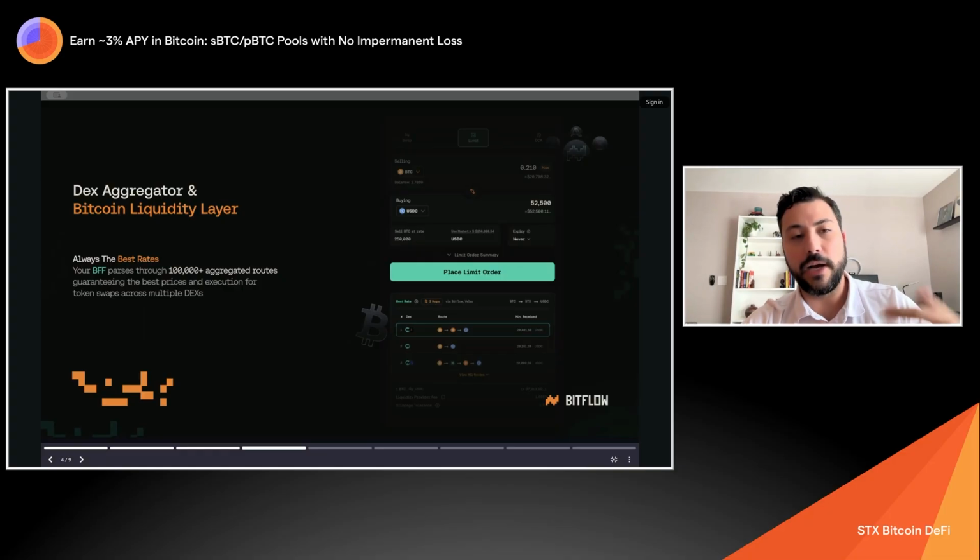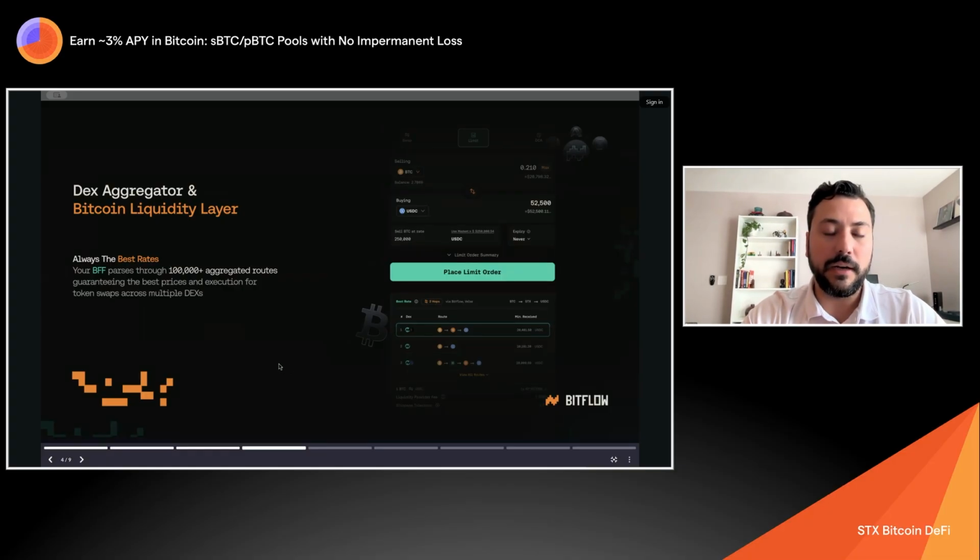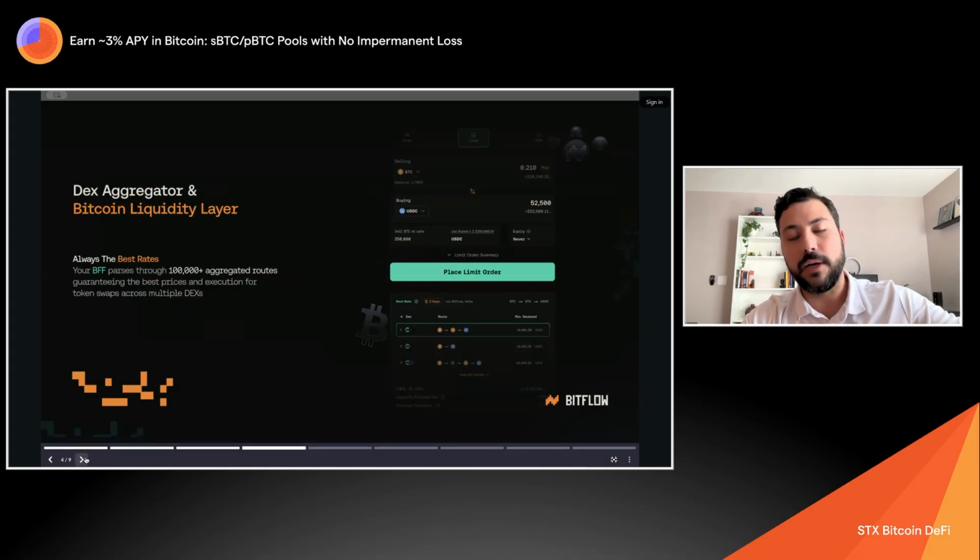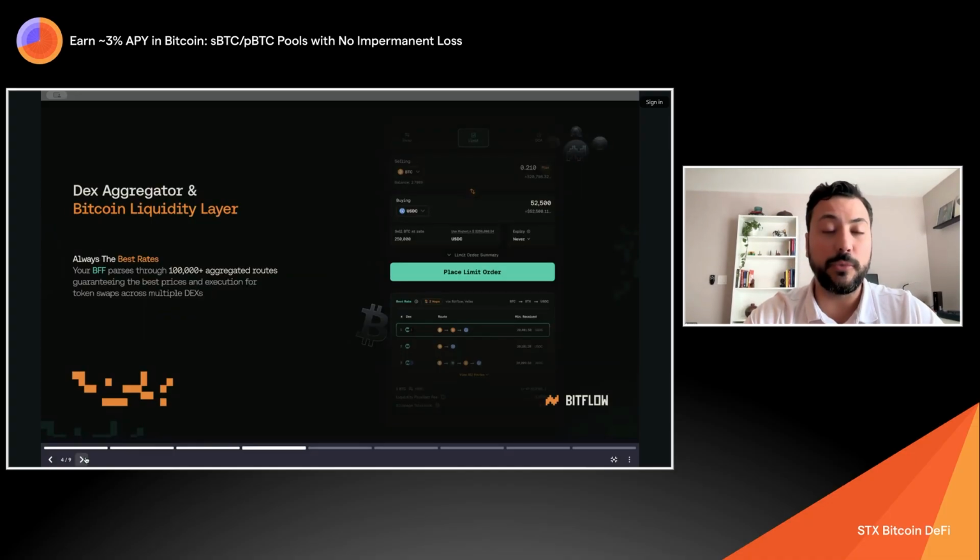This helps drive the whole ecosystem and guarantees users get the best rate while also generating fees and transactions for multiple protocols as we aggregate routes that may not otherwise exist. Maybe if you're trying to go from token A to token B, there may not be a direct pool. So we help by multi-hopping through multiple pools and finding you the best route to get to token B, right?